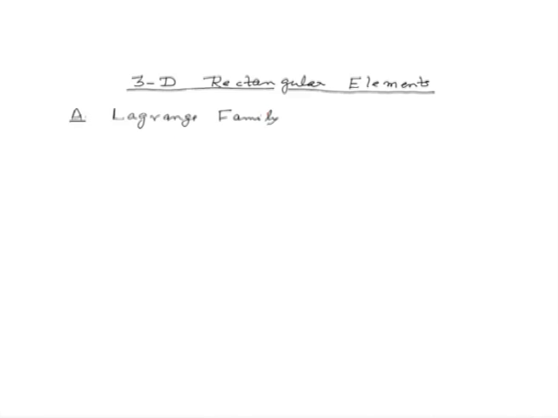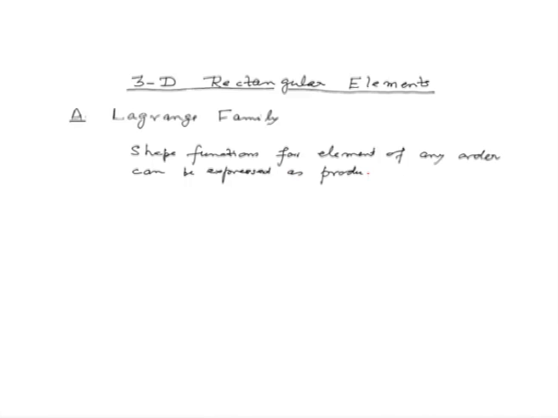For the Lagrange family of elements, the shape functions for an element of any order, whether we are dealing with linear elements, quadratic elements or cubic elements and so on, can be expressed as products of 1D Lagrange polynomials.